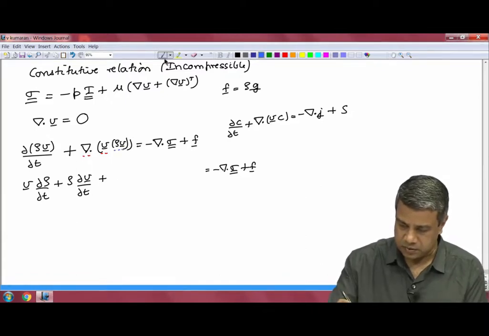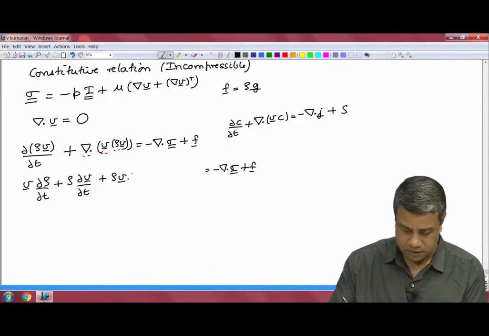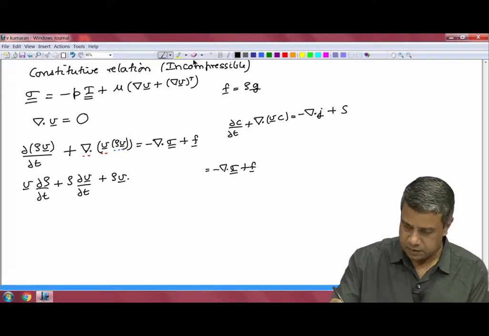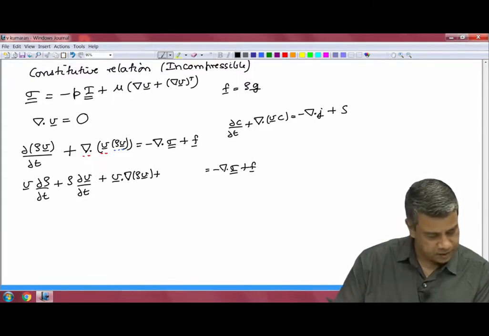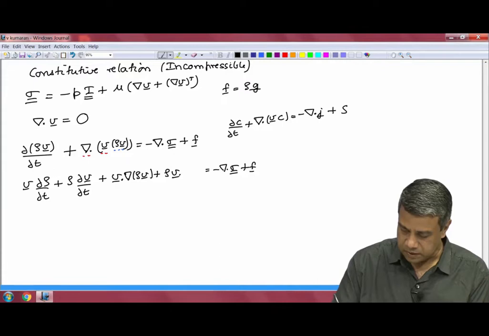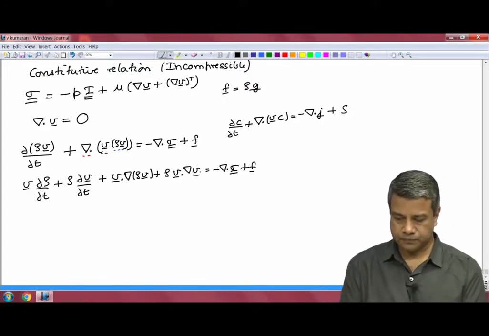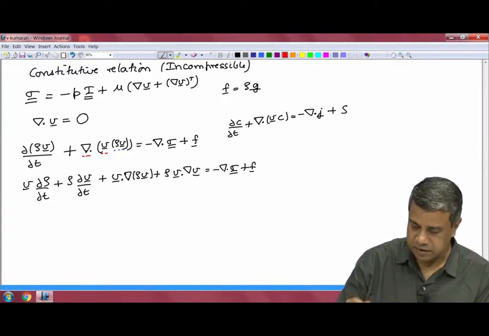If I take the blue term out first, I will get V dot grad of rho V, plus rho V dot grad V. Note that in this term, the dot product is between the divergence and the velocity here.